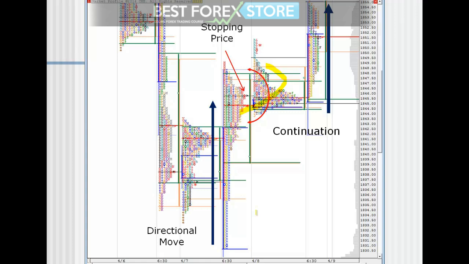You will see TPOs begin to build at that price. The directional moves also are obvious. Usually you'll see a strong move up or a strong move down without a great deal of TPO buildup. And of course, based on whether we continue in the same direction or move in the opposite direction, the 4th phase is also easy to identify because you'll see which way prices eventually ended up moving.